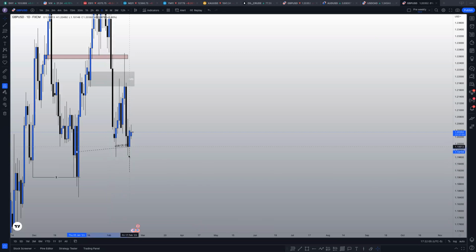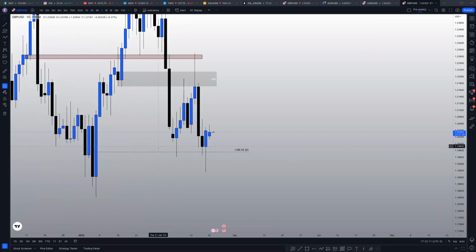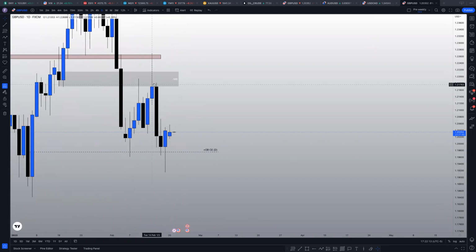So price found support at this old mean threshold of the daily order block. It's okay, but we created our return to premium, displaced closing below a swing low. So I'm looking for continuation. We didn't close below this.